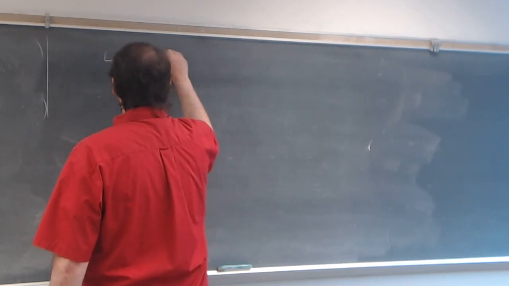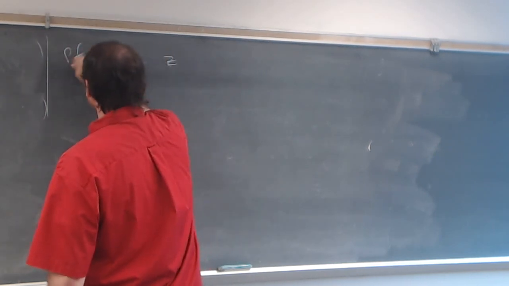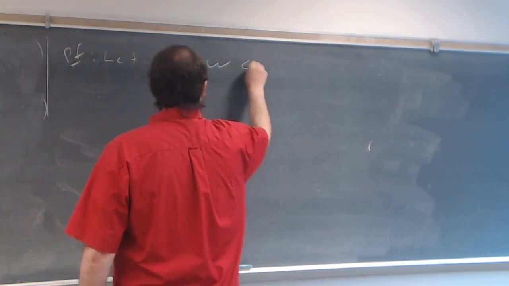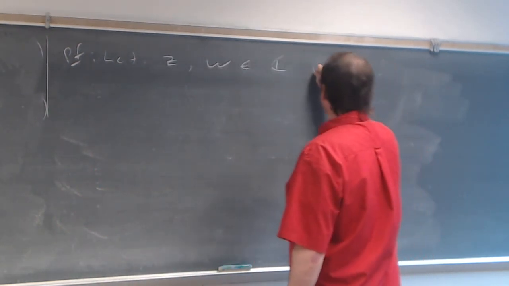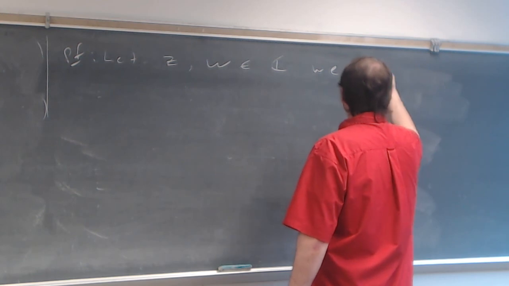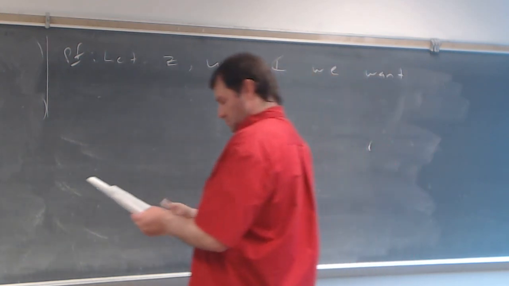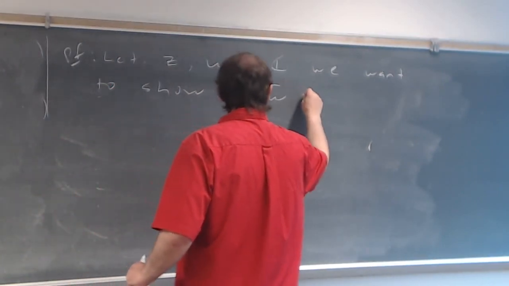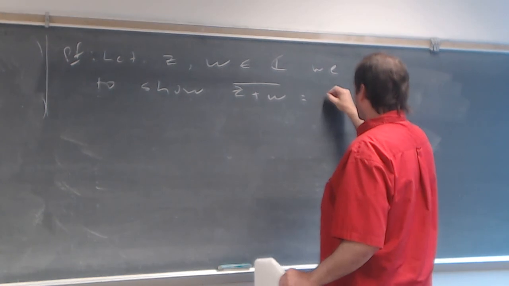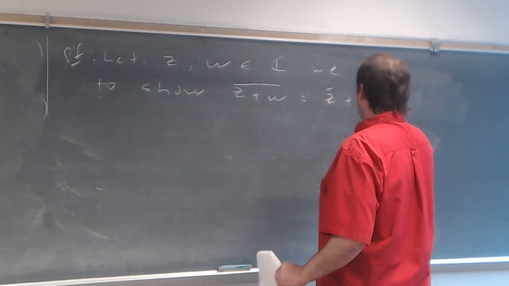This is the proof. Let Z and W be complex numbers. We want to show that Z plus W's conjugate is equal to Z conjugate plus W conjugate.